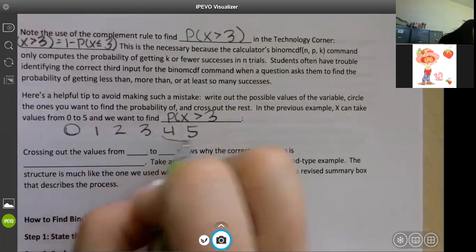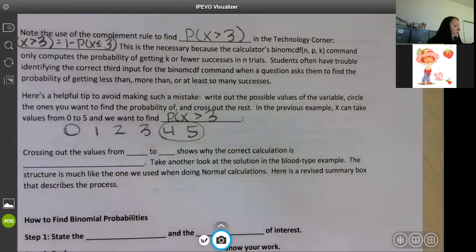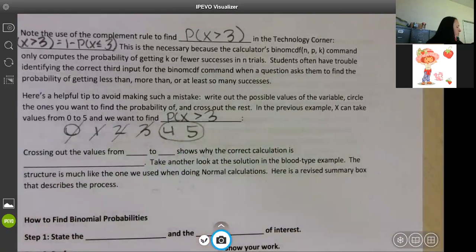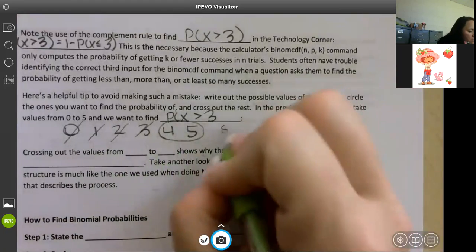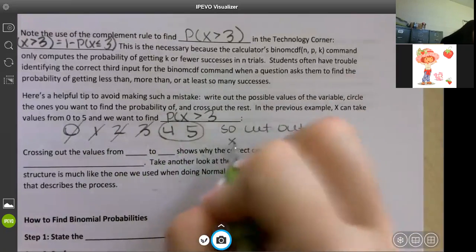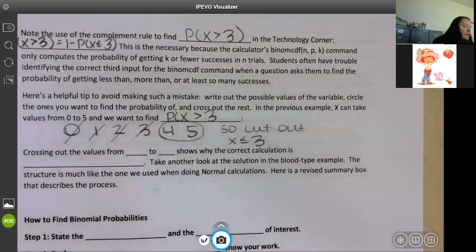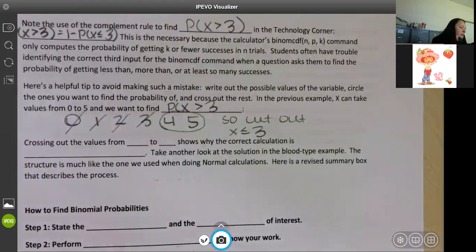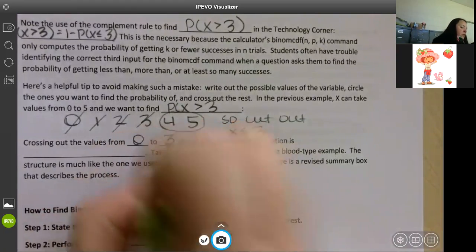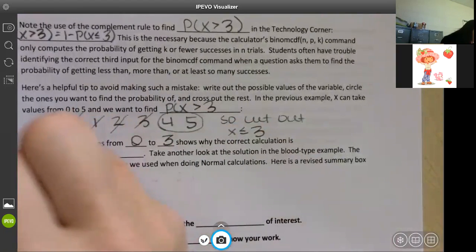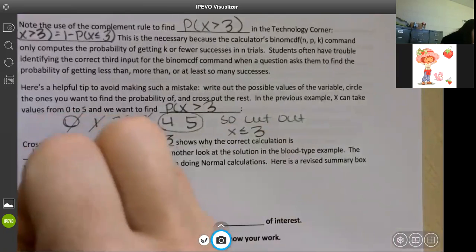We want greater than 3, so we want the 4 and 5, but we want to cut out anything else. So cut out X less than or equal to 3. Crossing out the values from 0 to 3 shows why the correct calculation is 1 minus the probability of X less than or equal to 3.